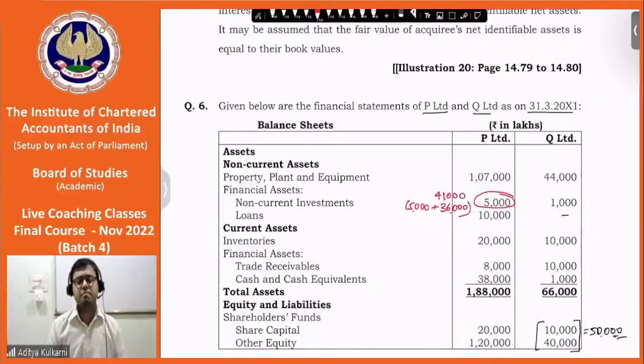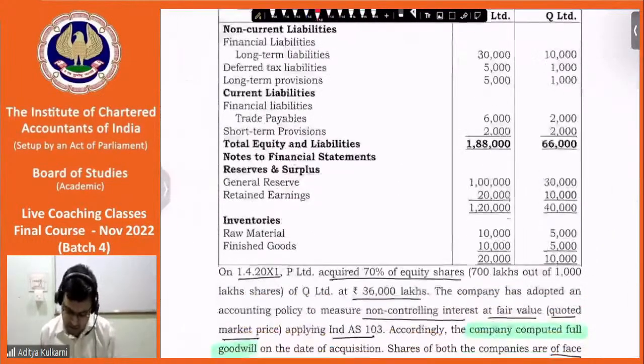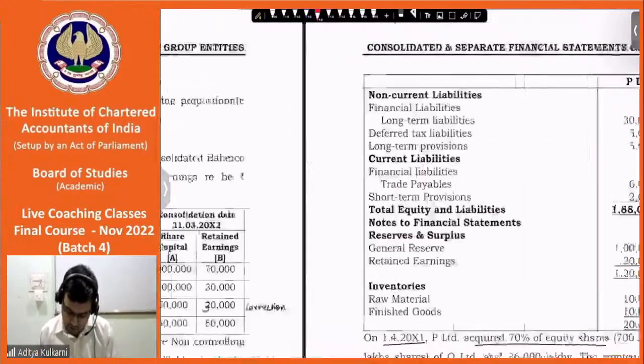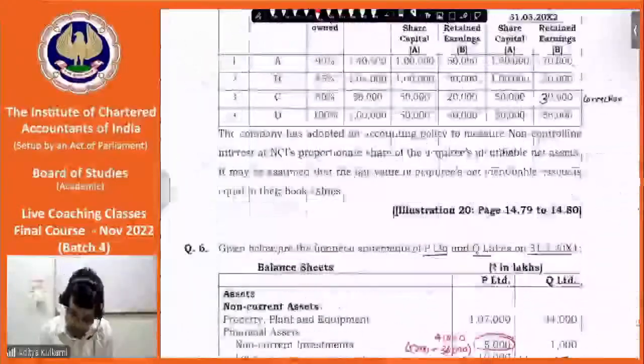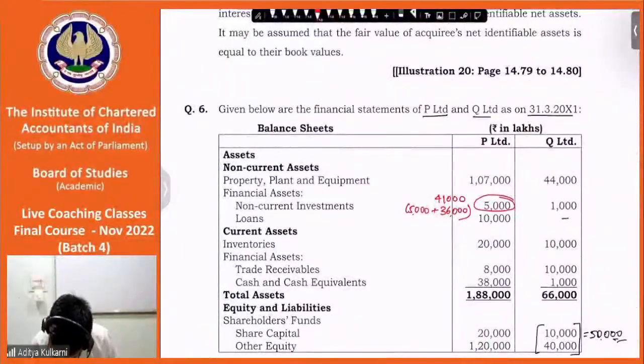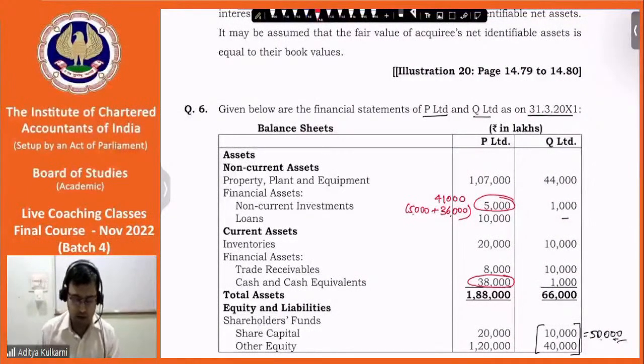The second effect goes where? The second effect will go under bank, under cash and cash equivalents. 38,000 will fall down to 2,000. Okay. So this becomes 2,000.